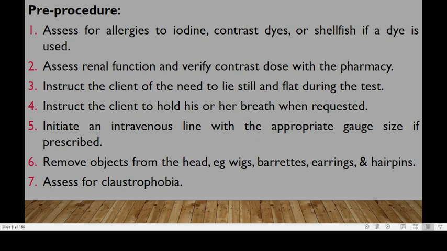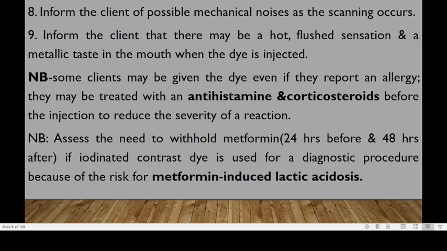Instruct the client of the need to lie still and flat, and also to hold their breath. You can also initiate the intravenous line with the appropriate gauge if prescribed, and remove objects from the head, e.g., the wigs, the barrettes, the earrings, the hairpins, and assess for claustrophobia. Also inform the client of possible mechanical noises as the scanning occurs so that they can cooperate.